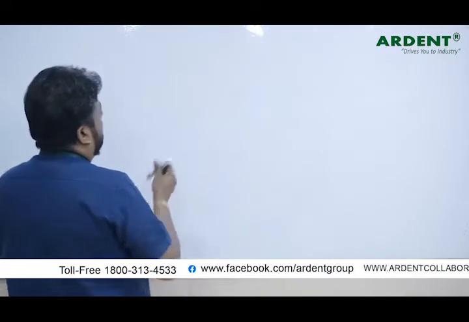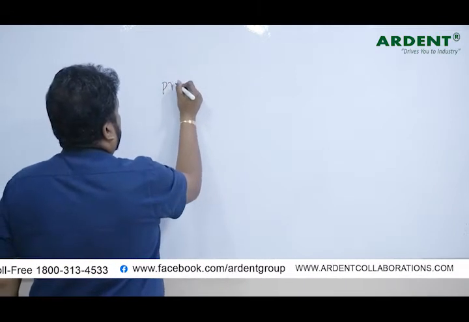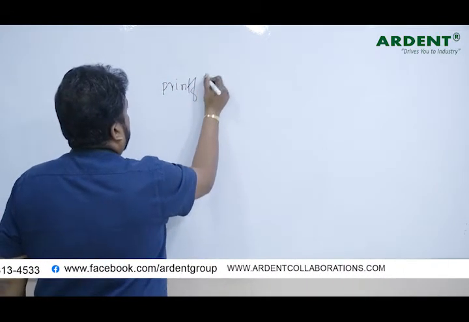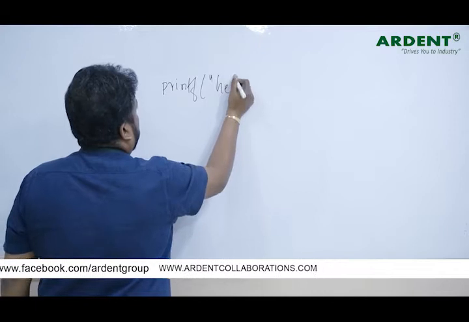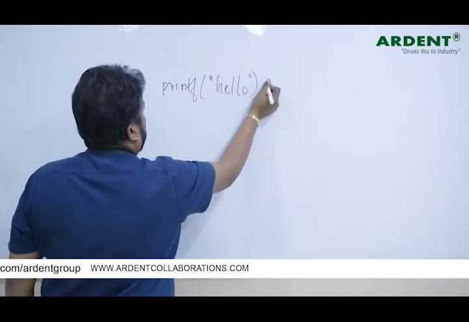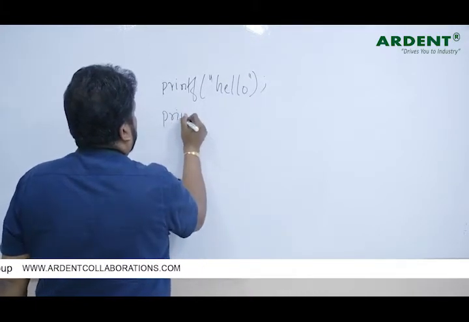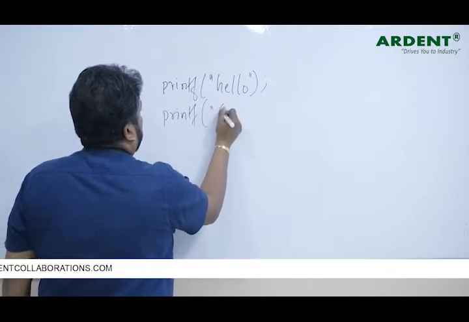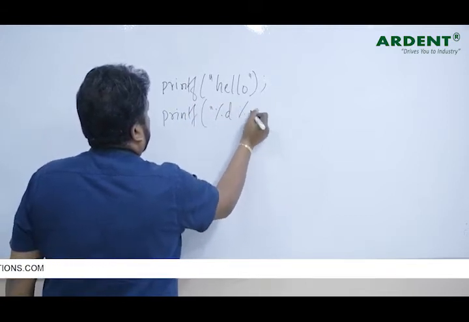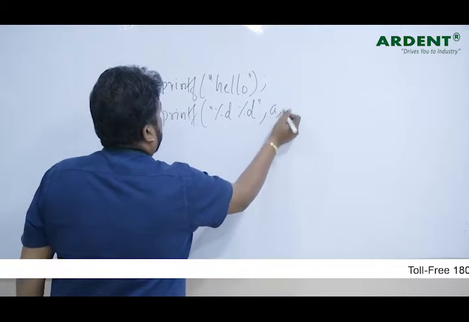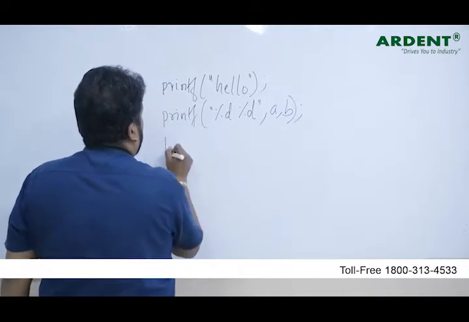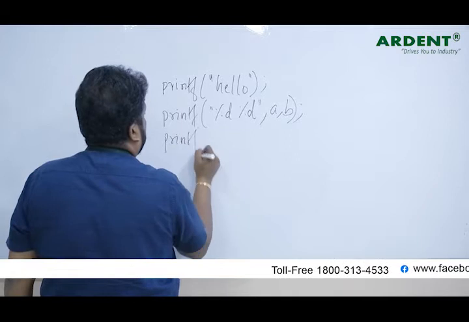What I was trying to explain: we have a printf hello, another printf, and a third printf.